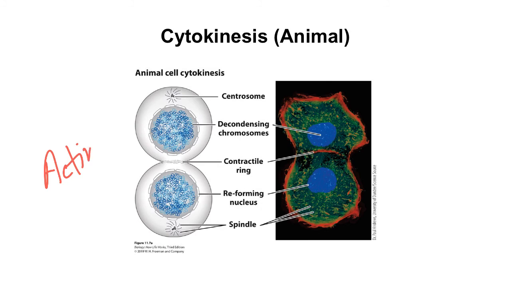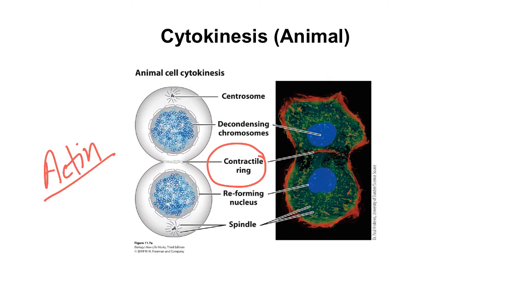Actin is a protein, a filamentous type of protein, like a string, and it can form contractile rings, very reminiscent of the FtsZ ring that you see in bacterial cells, which we saw in the previous section.